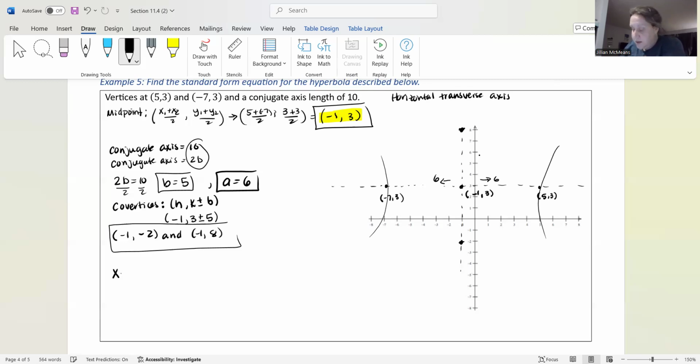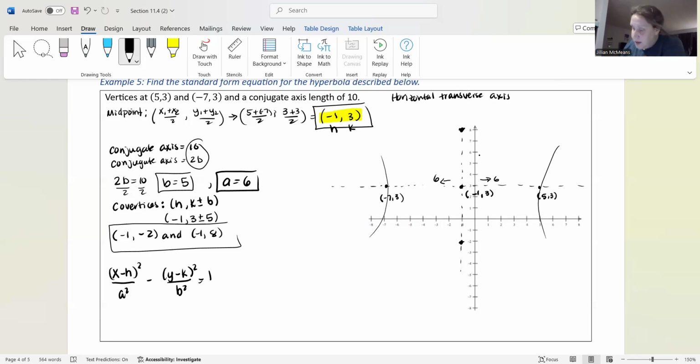So we're going to have X minus H quantity squared, that's going to be our positive term, all over A squared, minus Y minus K quantity squared over B squared, equals 1. So now all we have to do is fill in those values. We know what H and K are, we know what A and B are, so we're in business.